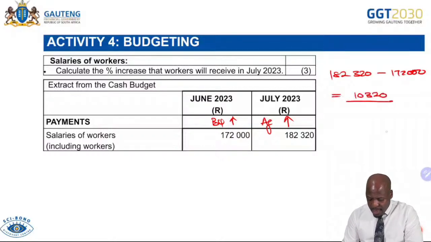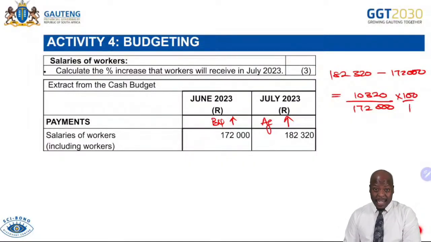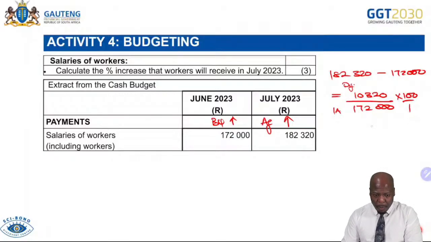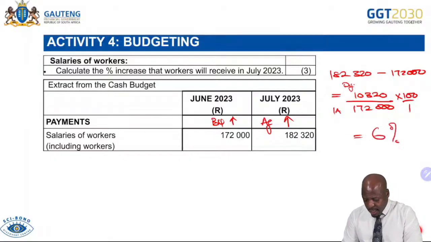Then we now say that difference, we divide it by what it was before it increased, which is 172,000. You multiply that by 100 over 1. I'm going to say it again. You take the difference, you divide it by the original amount or the initial amount, or the amount before increase. Then you multiply by 100 over 1. How much are you getting? 6%. Thank you so much.